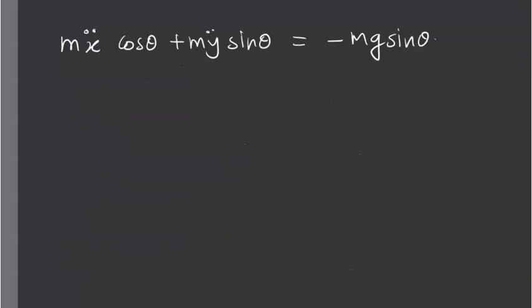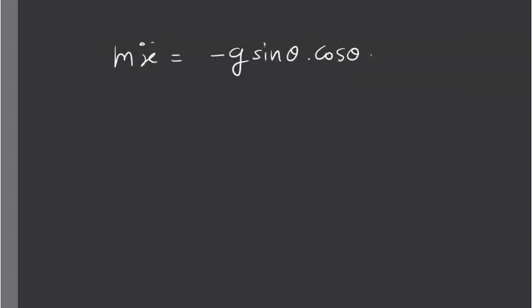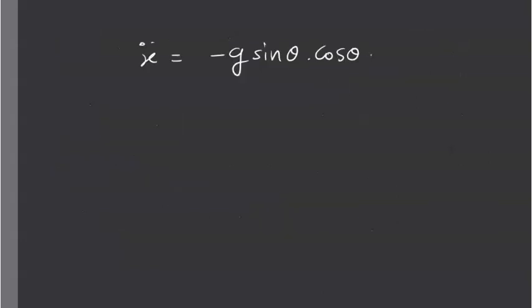Now let's take into account that y double dot is equal to x double dot tan theta. So substitute this in this equation. We have solved this for x double dot. Okay, so here we get m x double dot as minus mg sin theta cos theta, and then we can see x double dot is minus g sin theta cos theta.